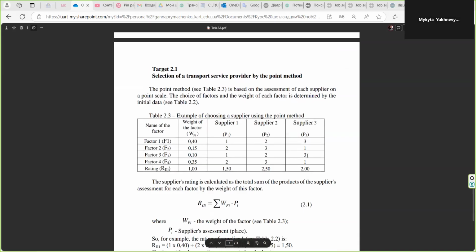It is not 3 columns. It is 10 columns with supplier 1, 2, 3. You couldn't write the word supplier in every column. You could write supplier in the upper line, and in this line you could write 1, 2, 3, 4, 5, and up to 10.